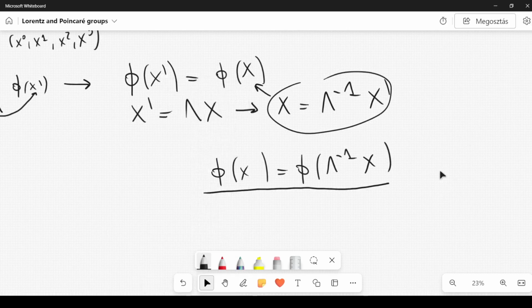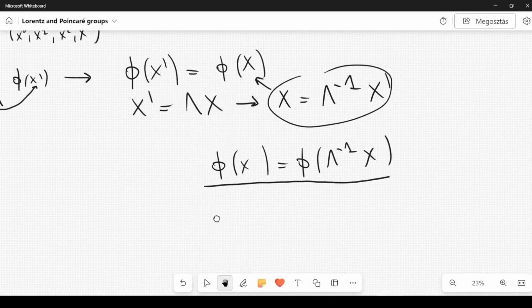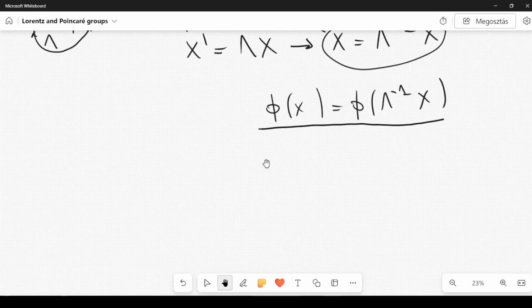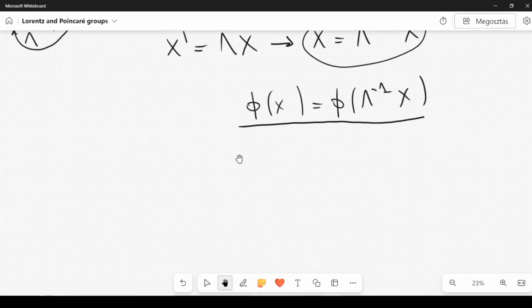Similarly, we can also define transformations for vectors, vector fields, and other generic objects, and I will try to explain it a little better. Let's start with the vector field, for example, A mu of x. This is, for example, the electromagnetic potential, the four potential in electromagnetism, if you want. It transforms like this.